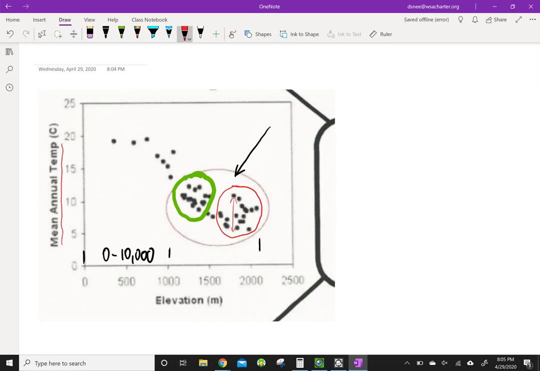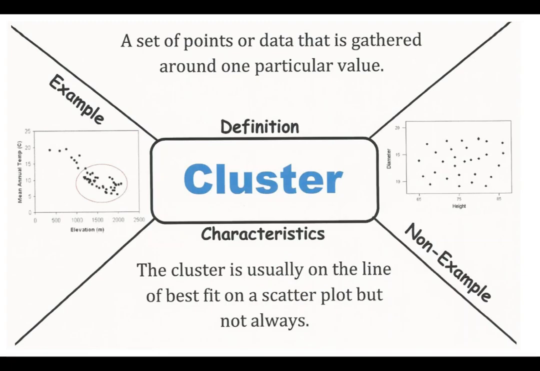There are points way up high and way down low. That's probably because those really high peaks, some of them are near the equator and some of them are in far northern latitudes where it's much colder. These in between the 10 and 15,000 zone are just more moderate. They're more similar. For some reason, it's not as extreme at that elevation. Anyway, those are clusters.